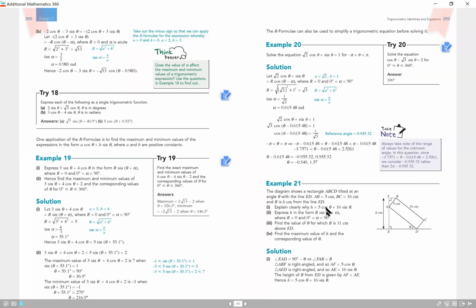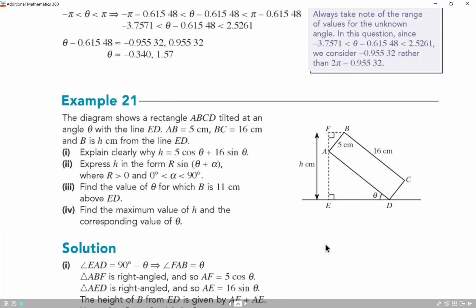Okay. So guys, the most important part for this type of example is, let me annotate, you need to find all the right angle triangles. This one is important.